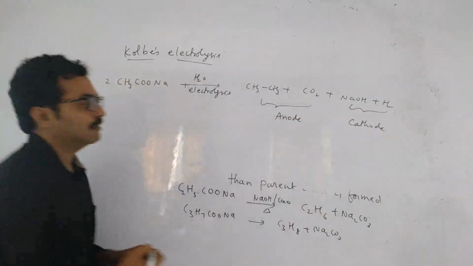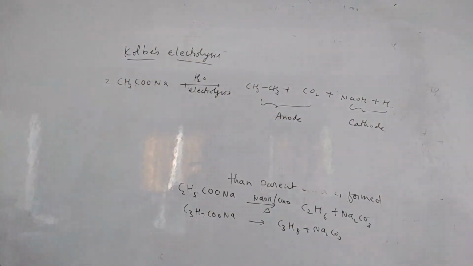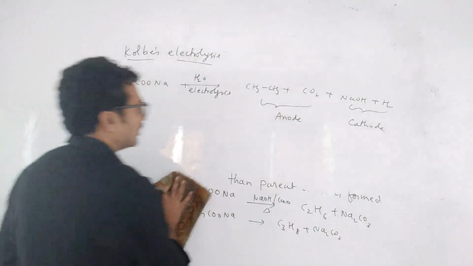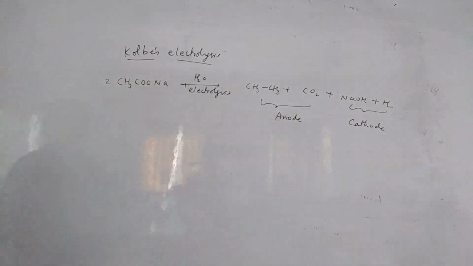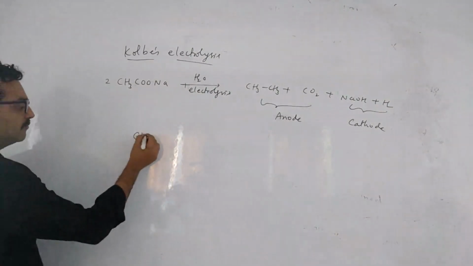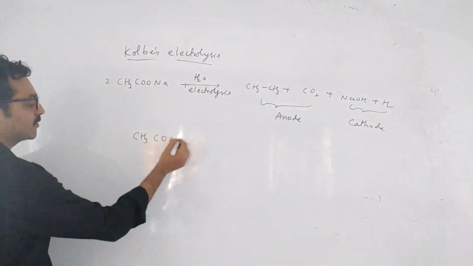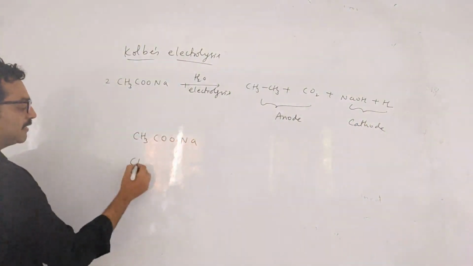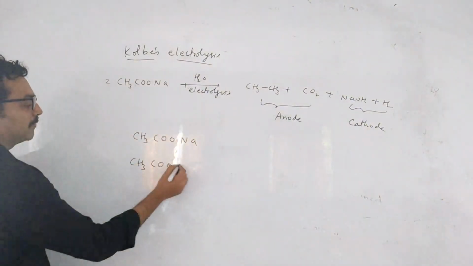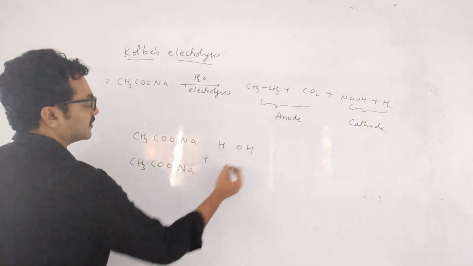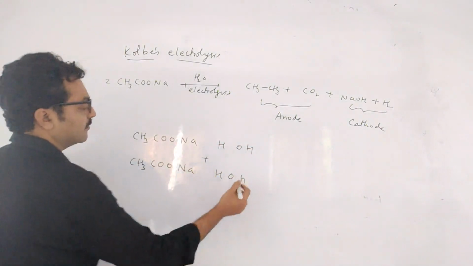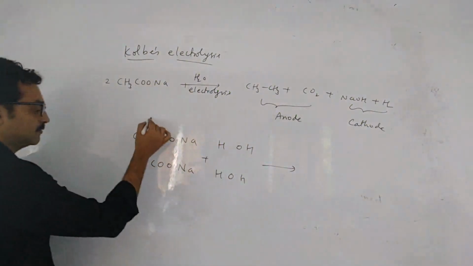Right? So how to remember this? First, alphabetically, A will come. The mechanism is similar, I am just taking 2 molecules of this to remember. Easy way: electrolysis means you add water, children. So you cut like this.